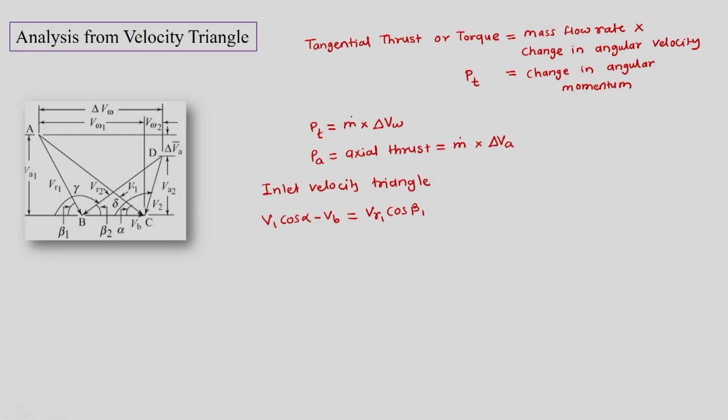We are trying to say that V1 cos alpha is necessarily Vw1, and Vw1 minus Vb is equal to this portion. So this is Vw1 and this is Vb.